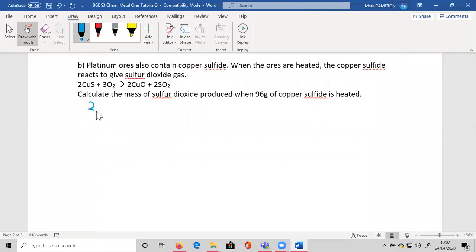So I've got 2 copper sulfides and 3 oxygens changes into 2 copper oxides and 2 sulfur dioxides. Now, it says in the question that you have to calculate the mass of sulfur dioxide produced. So this is what we want to know the mass of. I always like to do that.